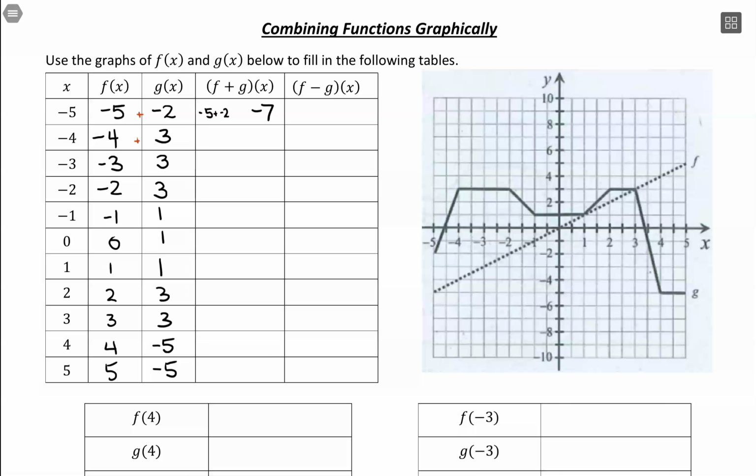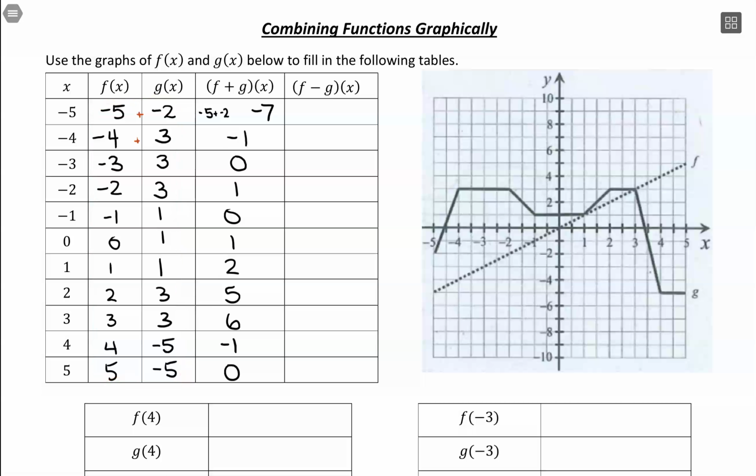And the next one, -4 plus 3, -1. -3 plus 3, 0, 1, 0, 1, 2, 5, 6, -1, 0. So just going through and adding those outputs, moving down the table together.